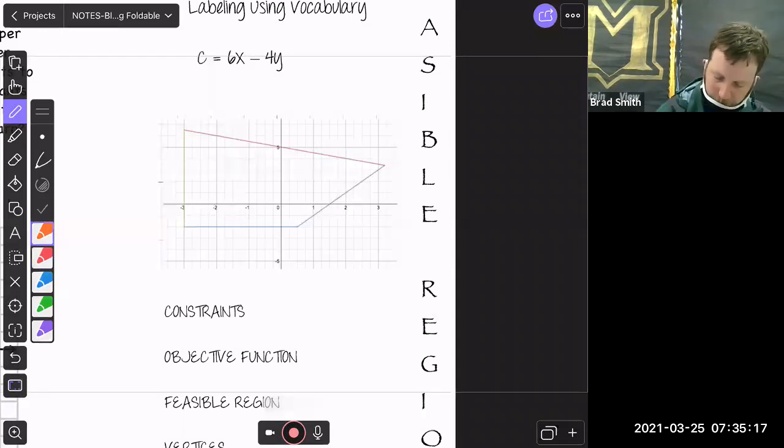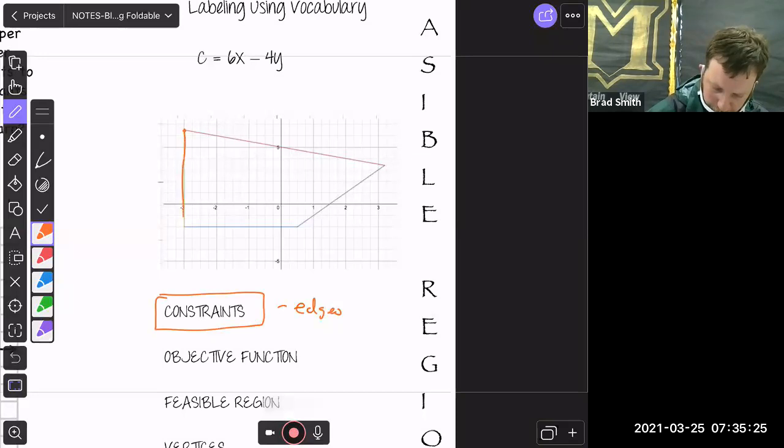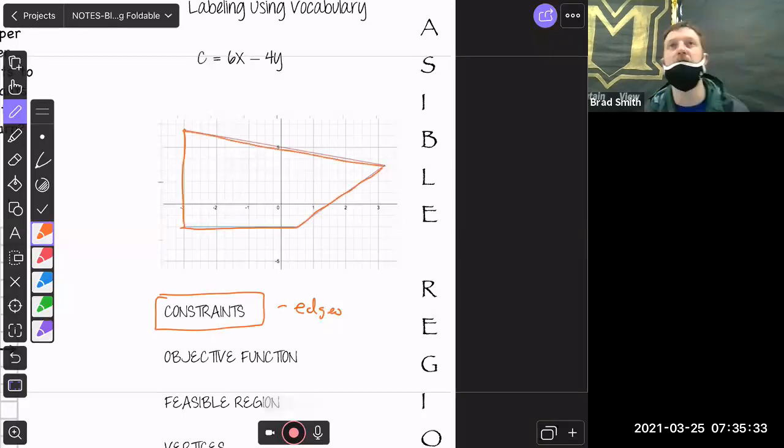My constraints, I'm going to box these in for you. These are my edges. I'm going to change these colors, but it's okay. My constraints will be all those edges, the different edges of my feasible region. This one is bounded because it's closed.